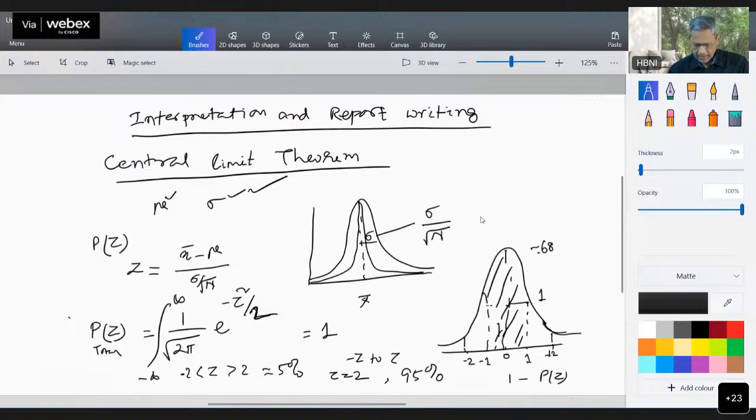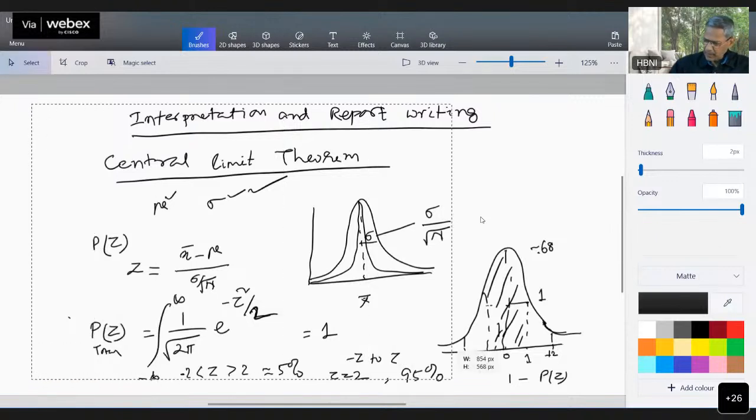Any value having a z value of more than 2, you say that the probability is too low for this sample to satisfy. Sometimes we use this idea to test the hypothesis in our experiments.